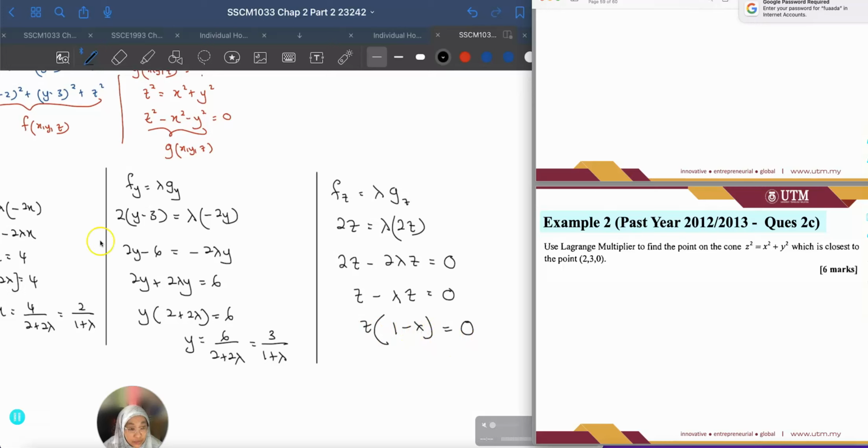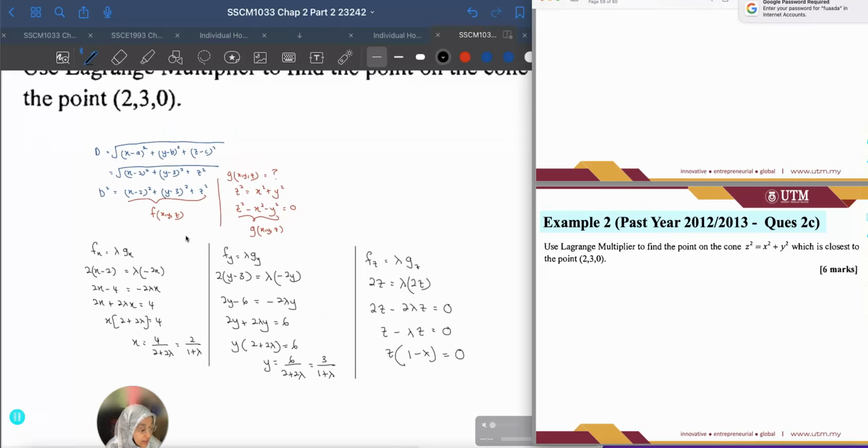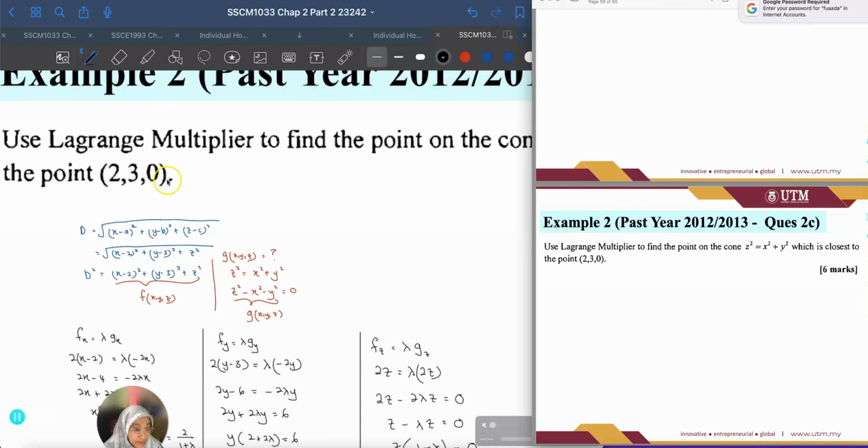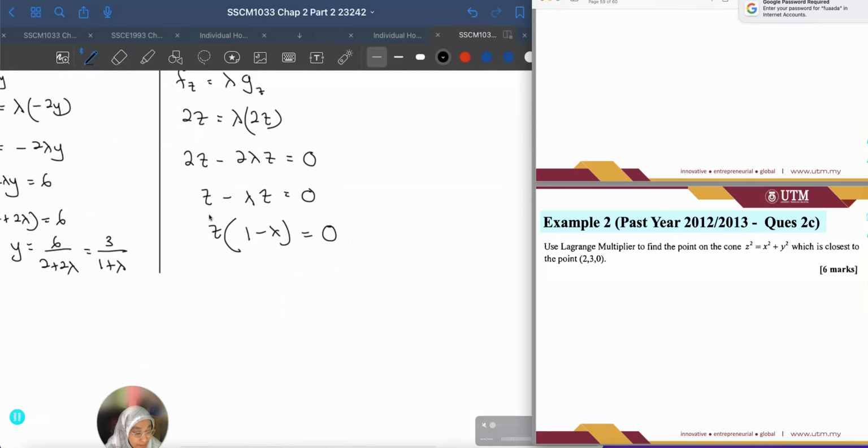But we cannot set z equal to 0 because the z equal to 0 is already the apex point, so that is meaningless. Rather, we choose the lambda, because the aim is to get the lambda value, right? So we just pick 1 minus lambda equal to 0. So you can have lambda equal to 1.